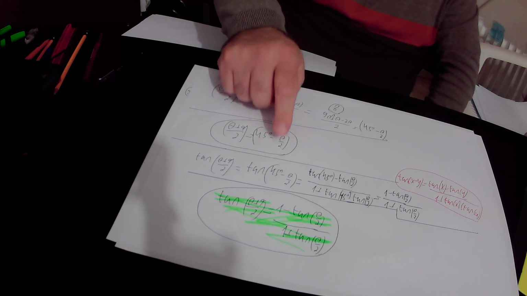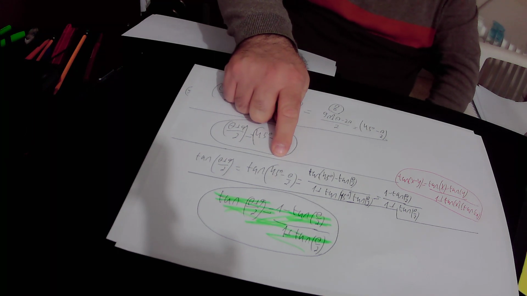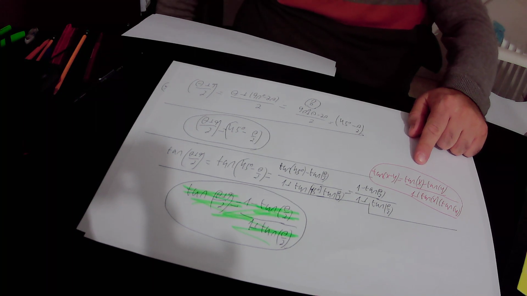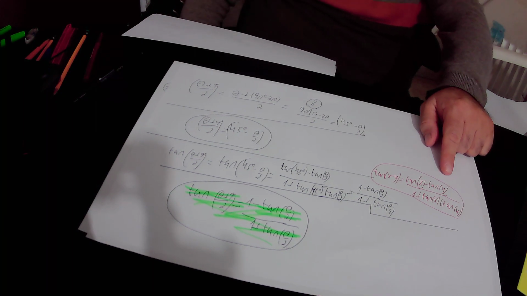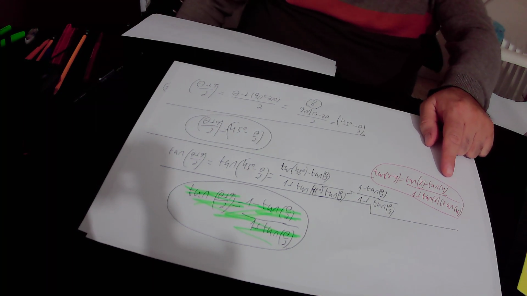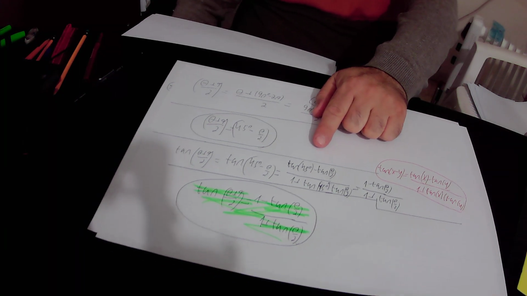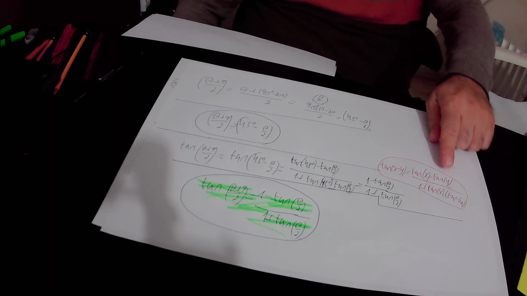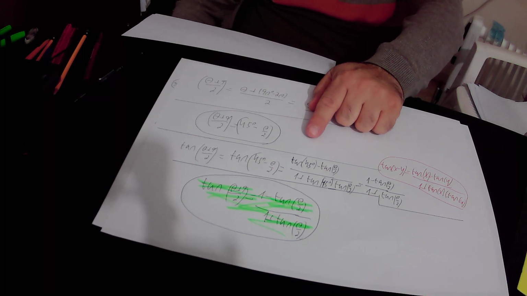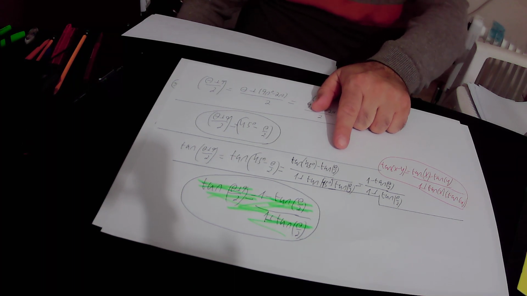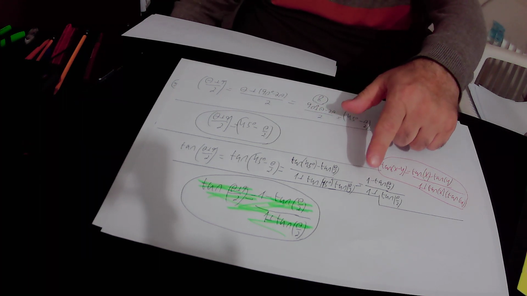And in order to find out the value of this expression, we will use the trigonometric identity that states that tangent of x minus y equals tangent x minus tangent y over 1 plus tangent x times tangent y. So here, according to this trigonometric identity, the value of tangent of 45 degrees minus theta over 2 will be equal to tangent 45 degrees minus tangent theta over 2 over 1 plus tangent 45 degrees times tangent theta over 2.